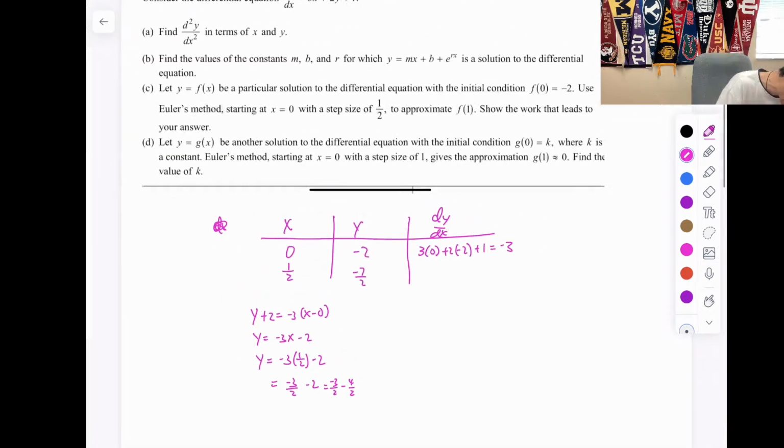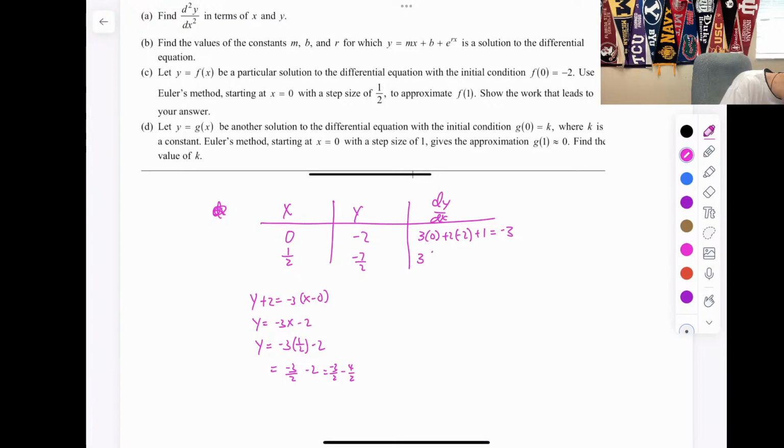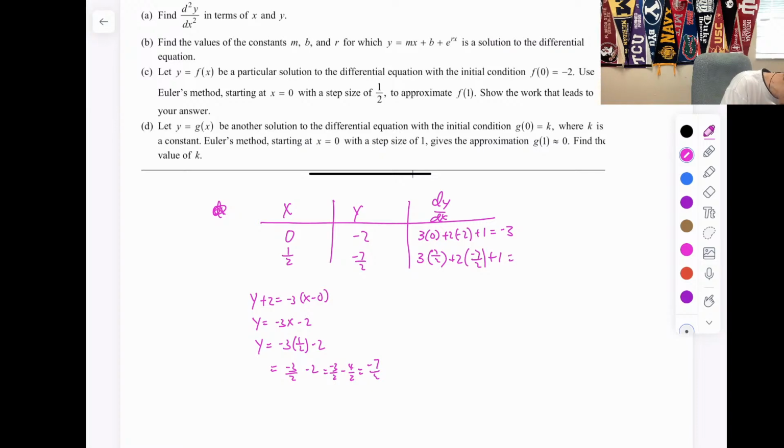Okay, so now I'm going to plug into dy/dx. So it's 3 times what? The x value is 1/2, plus 2 times -7/2, plus 1, is equal to what? Well, this one is going to be 3/2. The 2s cancel out. It's going to be -7 plus 1. So it'll be 3/2 minus 6.